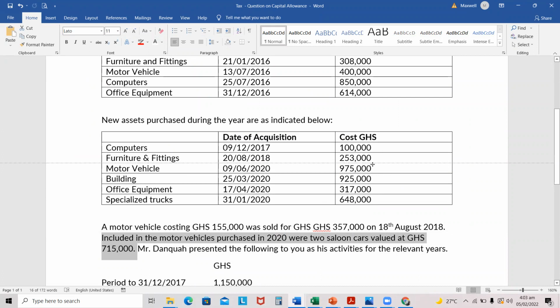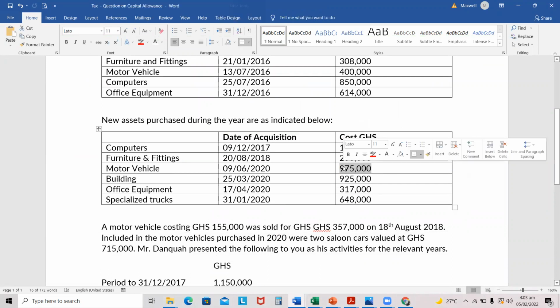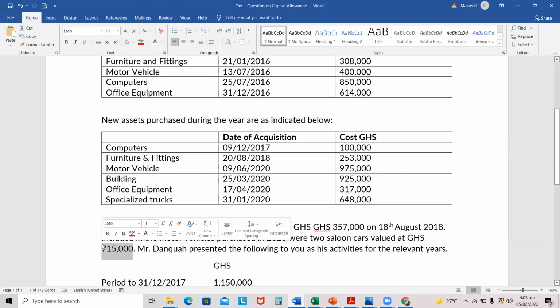So this amount includes an amount of 715,000, which shouldn't be the case. We should have only included 150,000 instead of 715,000. So what we have to do is take out the difference.